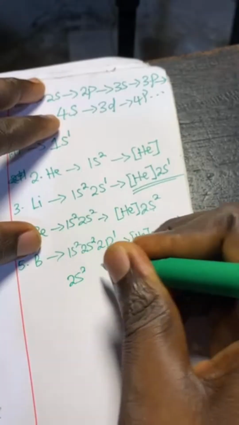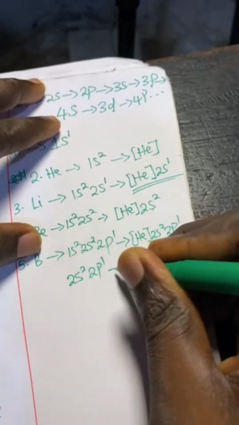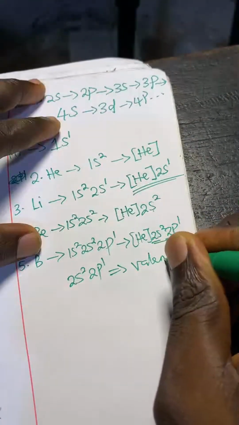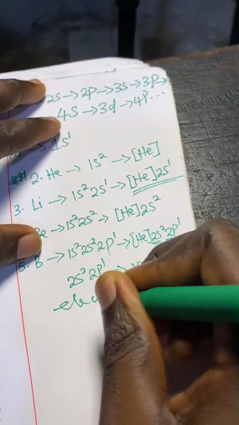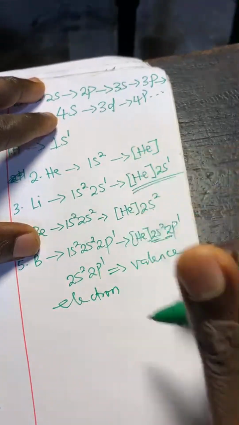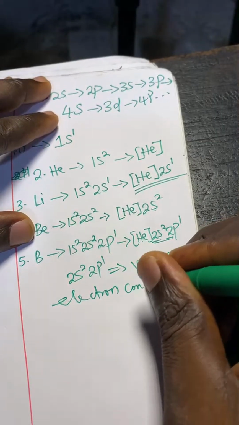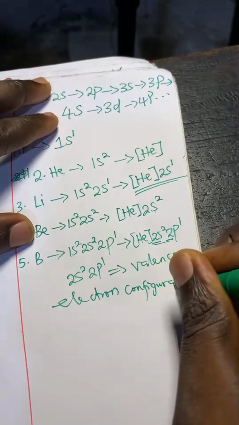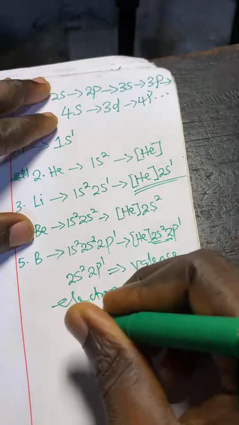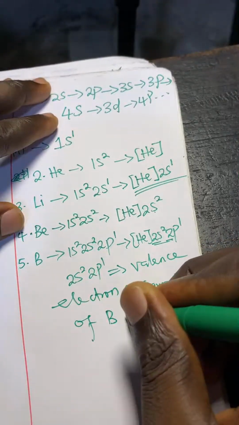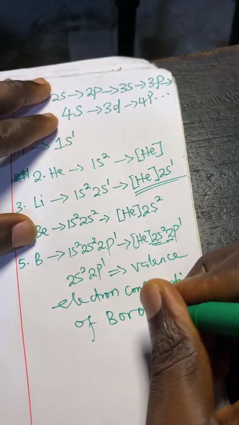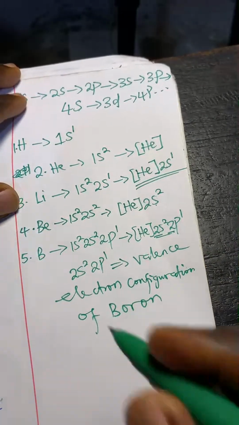This 2s2, 2p1 is what we call the valence electron. That is the essence of this noble gas configuration: the valence electron configuration of boron.